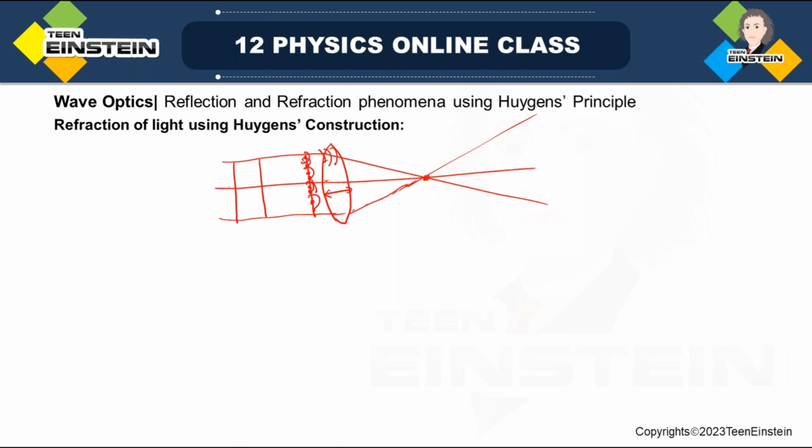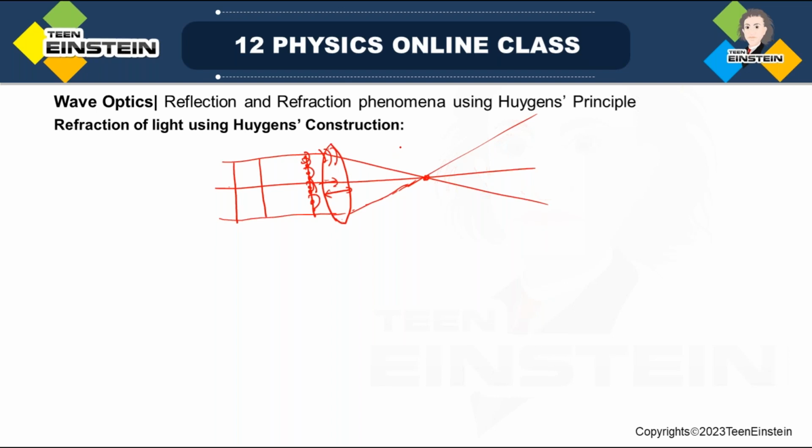By the time this part comes out of the lens, the wavefront passing through the middle has to travel a greater path. Greater thickness means greater path.